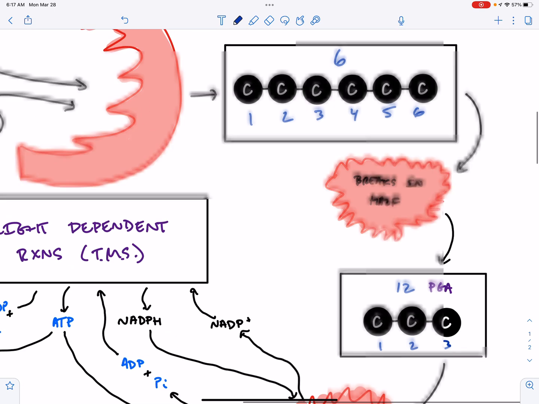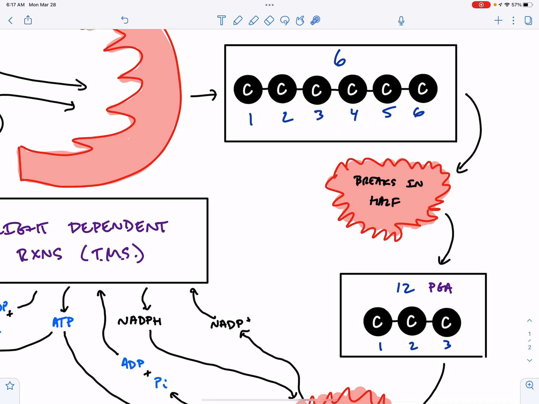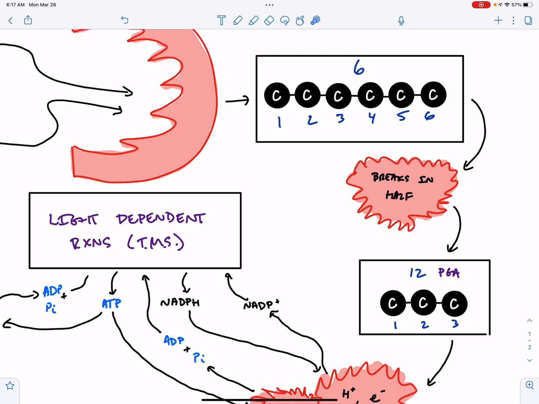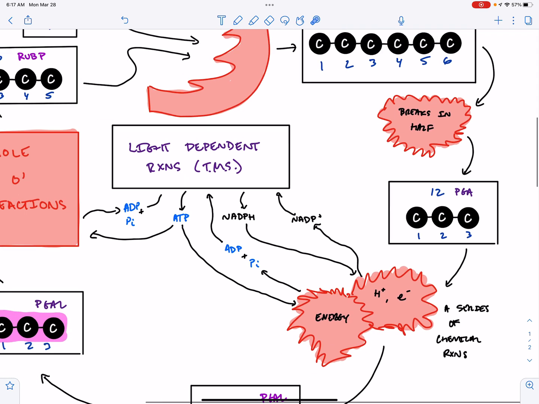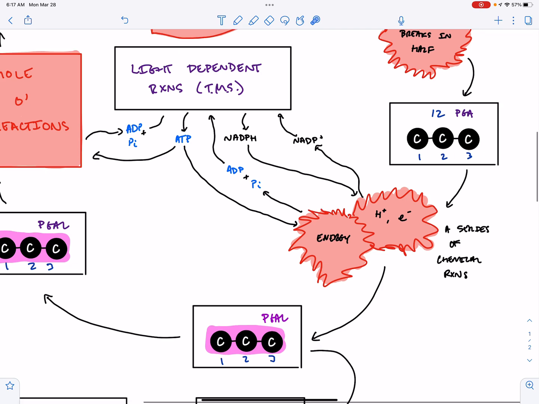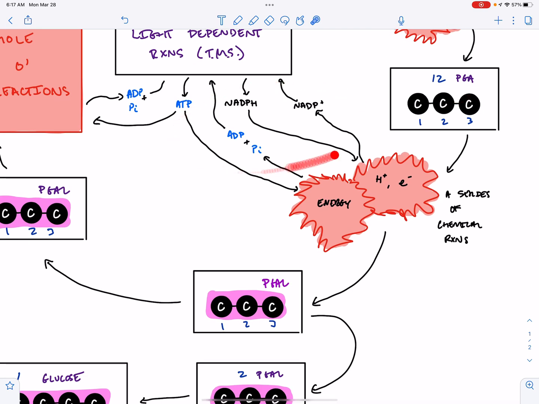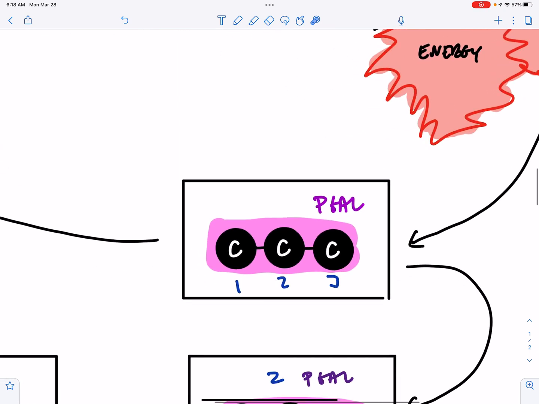If you take 6 carbon compounds and slice them in half, you are left with 12 3-carbon compounds. These are charged up with energy, but it doesn't change the amount of carbons in them. So out of this series of chemical reactions, we get 12 PGAL.